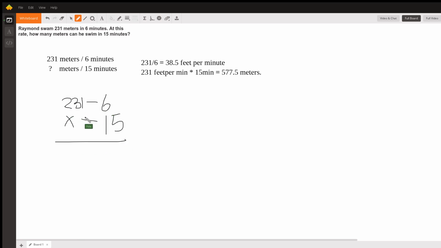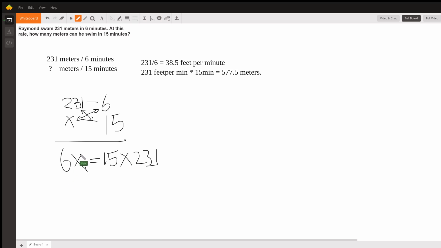Multiply these two and make them equal to 15 times 231. That'll be 6x equals 15 times 231.